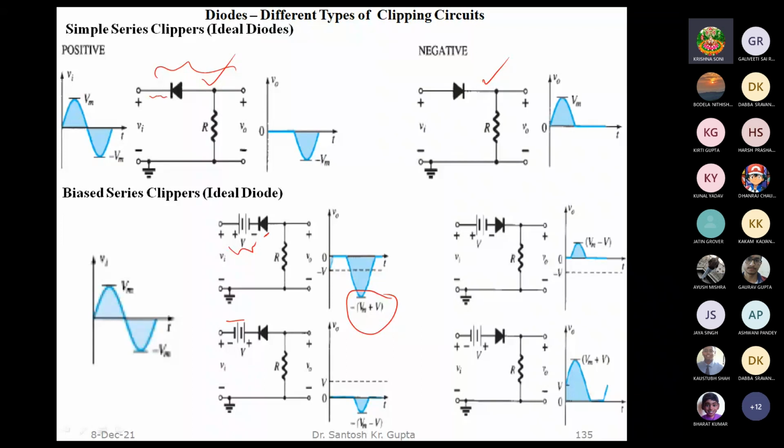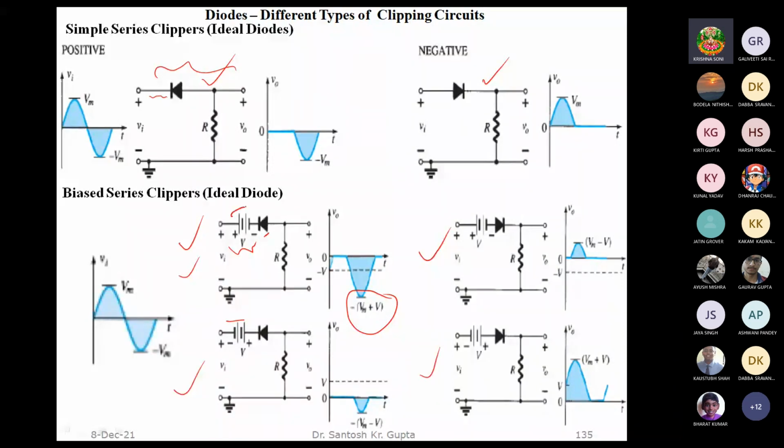What we will do now is take some of these cases and try to analyze them. Suppose we take the first circuit. There are actually four arrangements on the same circuit.